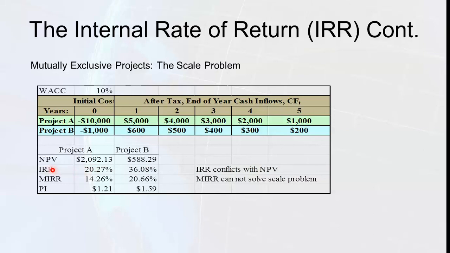This is another type of problem with internal rate of return. We can find the modified internal rate of return, but MIRR cannot solve this problem either. MIRR also has the scale problem.